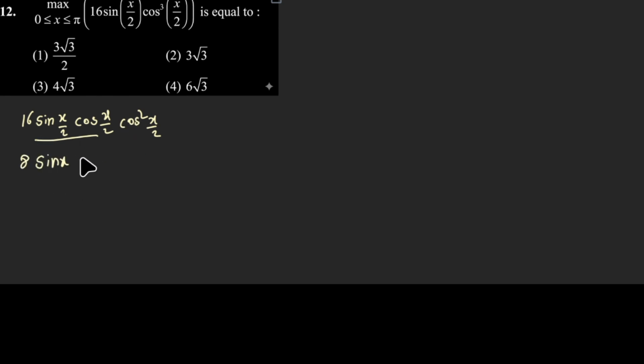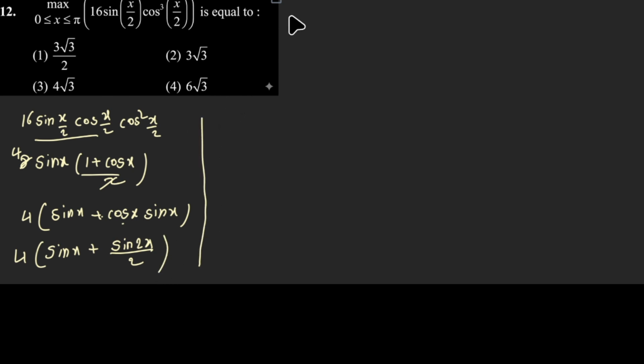Here cos square x by 2 we can write as 1 plus cos x by 2. 4 into sin x plus cos x sin x. 4 into sin x cos x, again formula sin 2x, but 2 is not there, so sin 2x by 2.